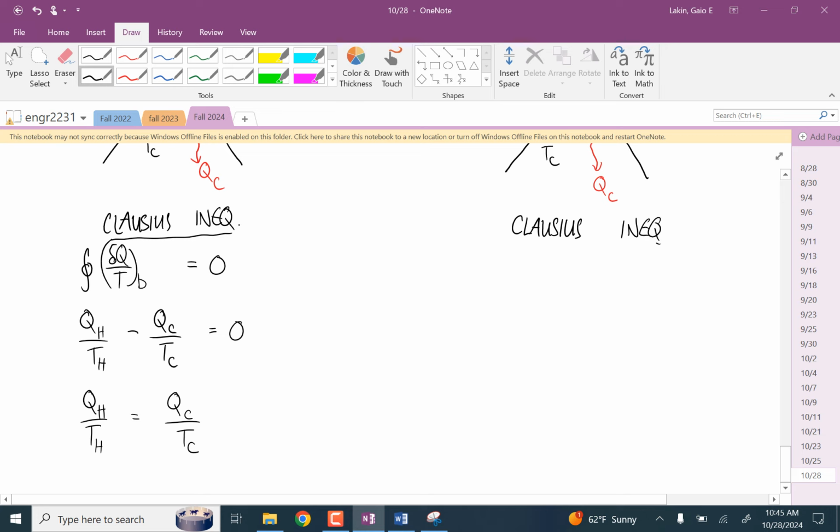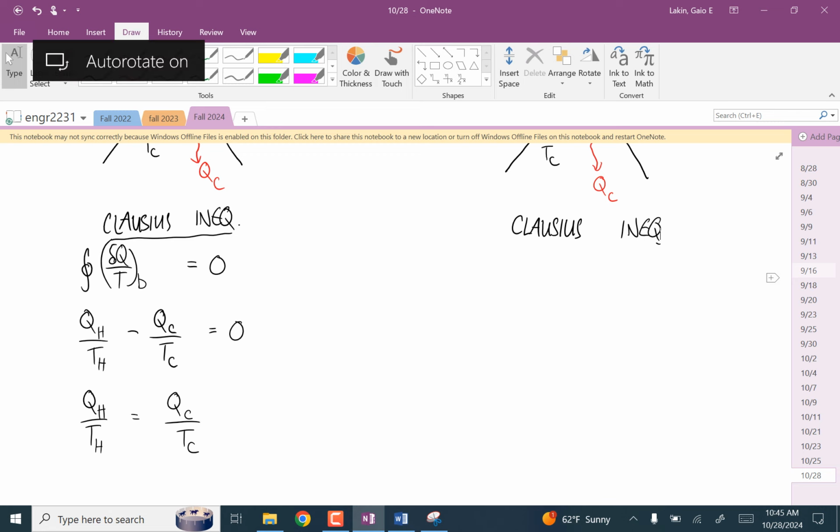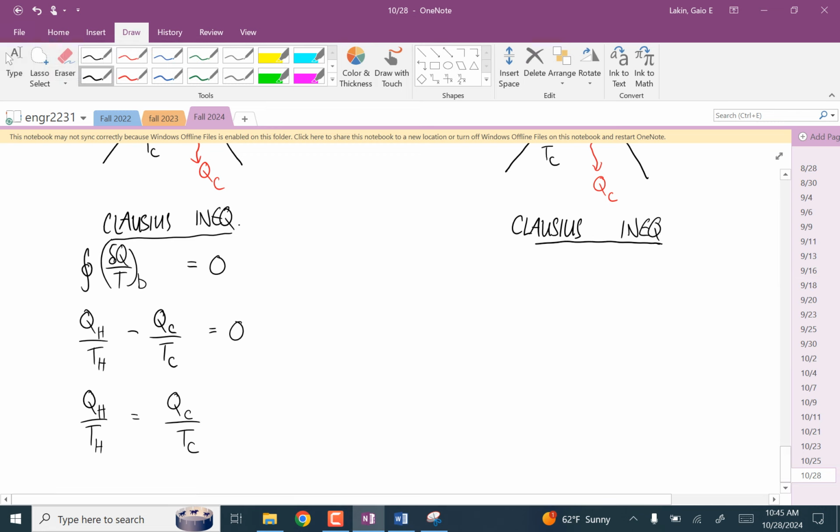so in this inefficient case, now we have irreversibilities in there. It's still a cycle. We can still use the Clausius inequality. And so this one says that this integral of delta Q over T around the whole boundary, what should this say now? Not is equal to 0. Less than 0, yep.